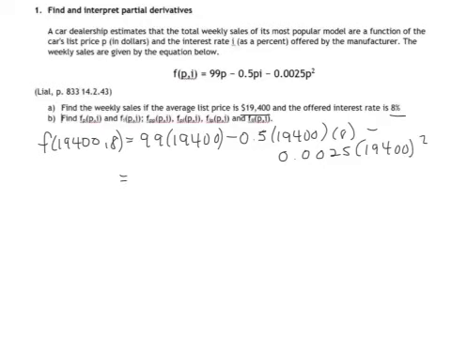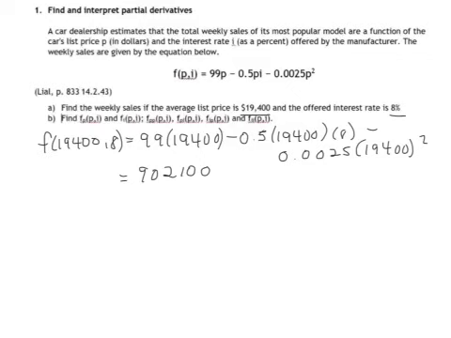Okay, and when we solve for those values in this function, we end up with 902,100. So 902,100 will be the weekly sales when the average list price is 19,400 and the offered interest rate is 8%.